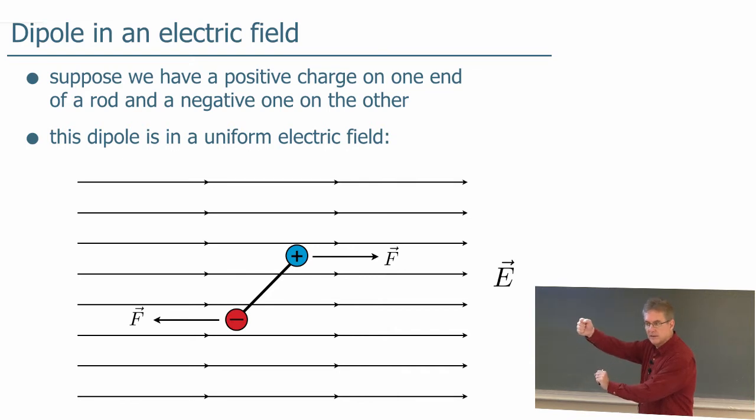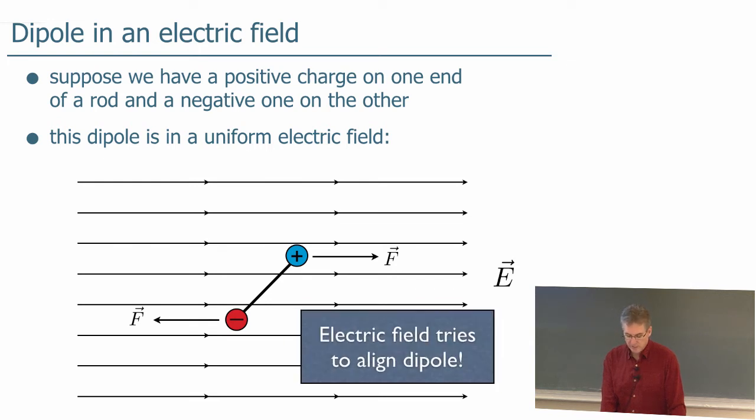That's tending to straighten out the dipole, to align it with the electric field. Now, a great deal of chemistry, including biochemistry, can be explained by the dipole forces between molecules. So I think it's an important thing to understand if you're going to understand biochemistry at this level. So we'd like to do the energetics of this.